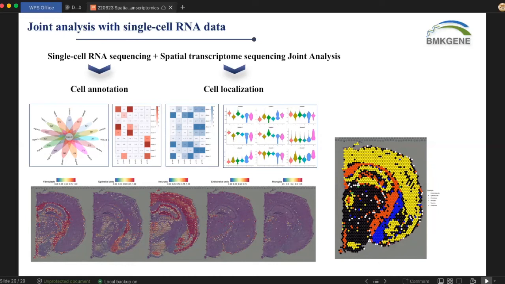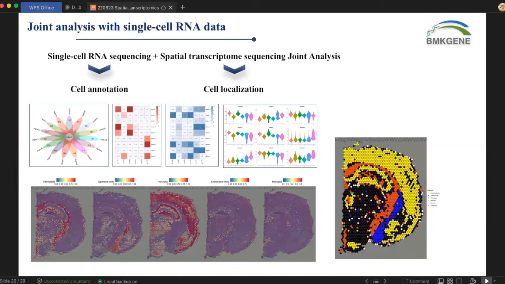So normally what we do in this type of study is that we join the single cell RNA sequencing data with the spatial transcriptome data. From single cell RNA sequencing, we can have this cell type annotation, and then the spatial transcriptome sequencing gives us the cell localization information.